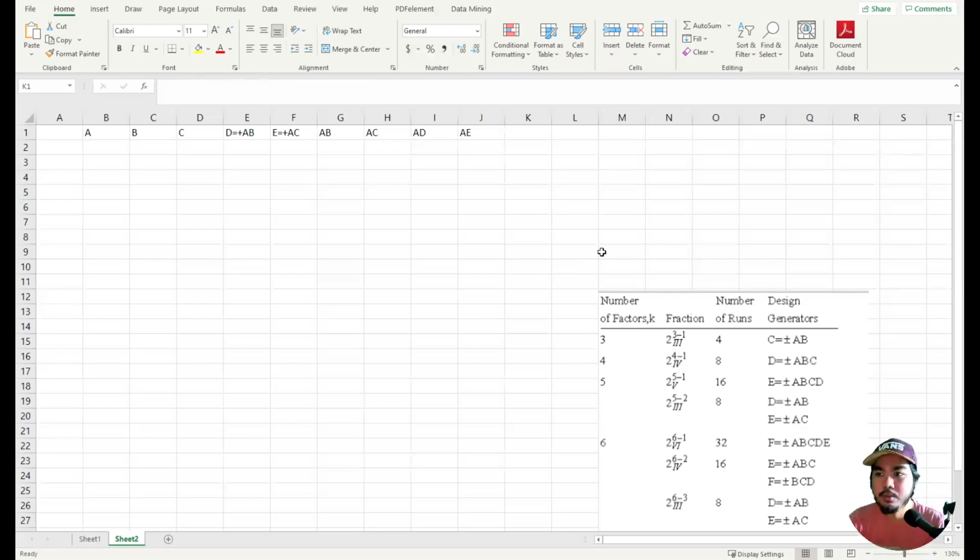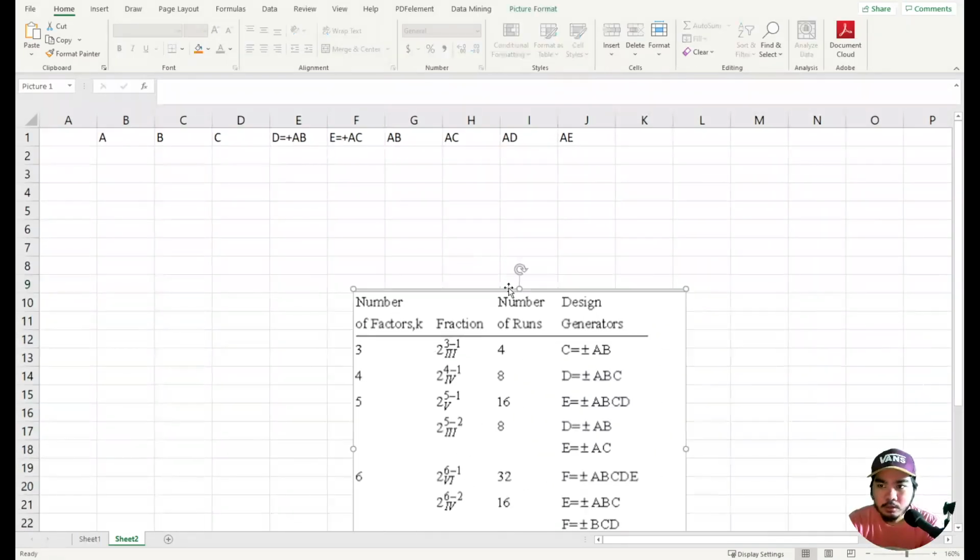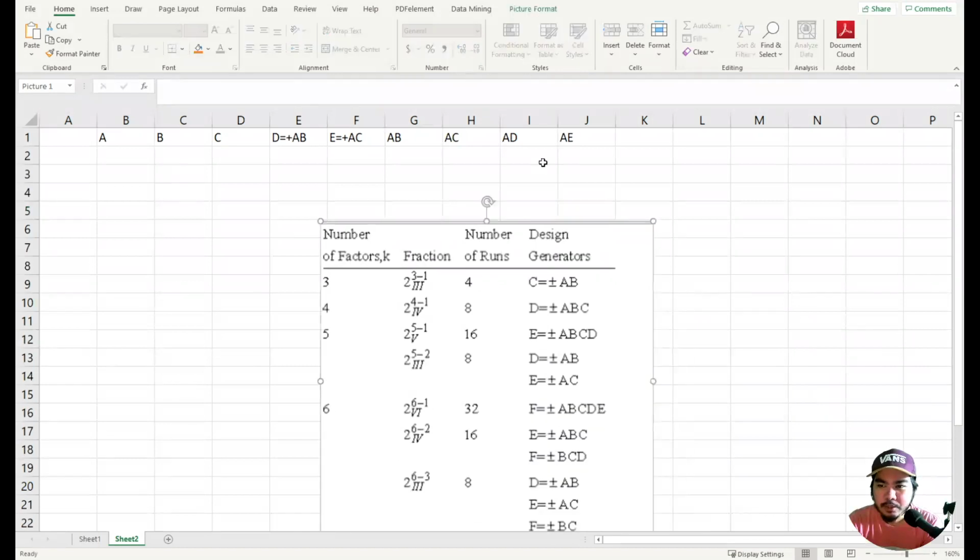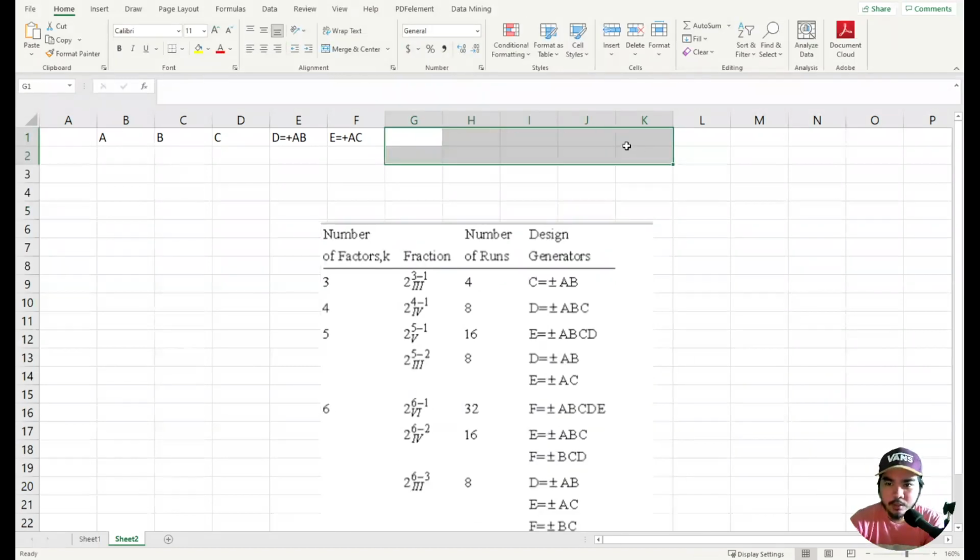Okay, pwede naman. Pwedeng hindi natin isasama to, no?